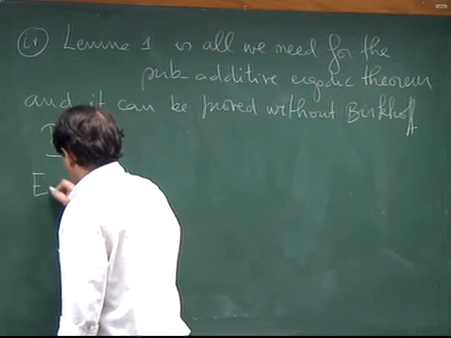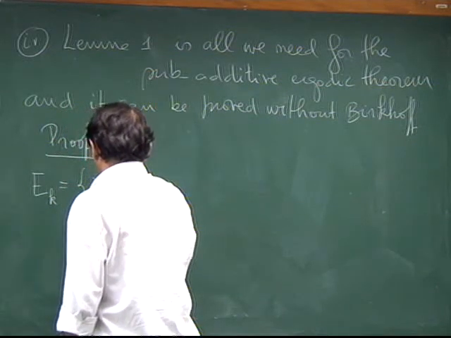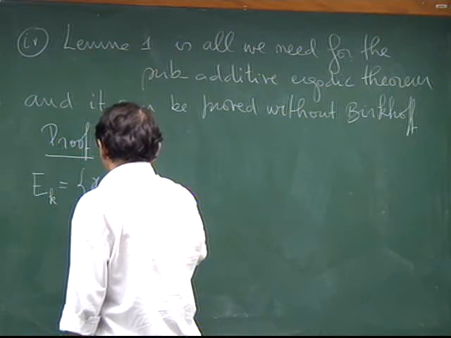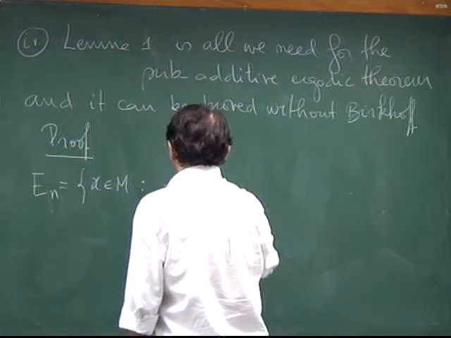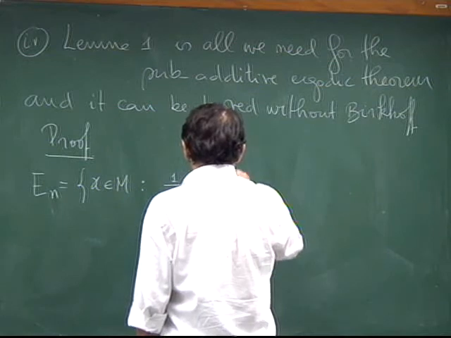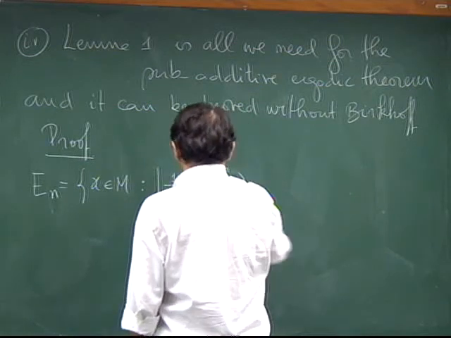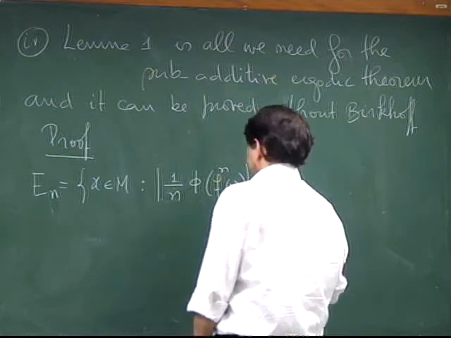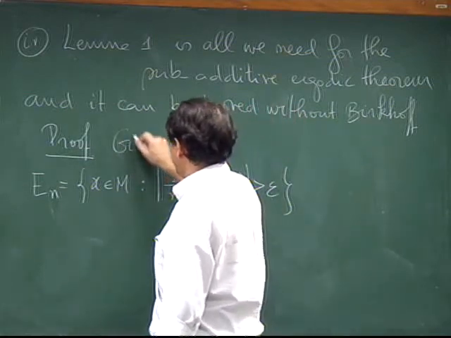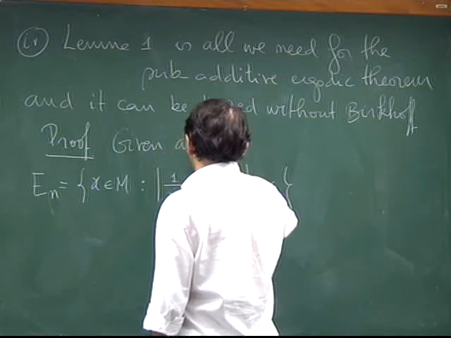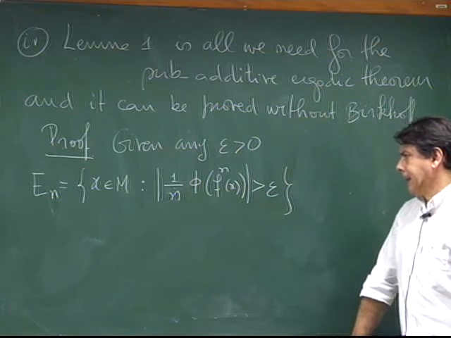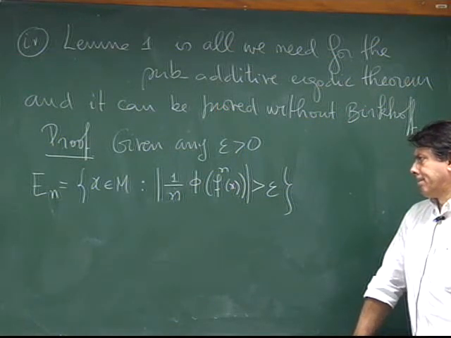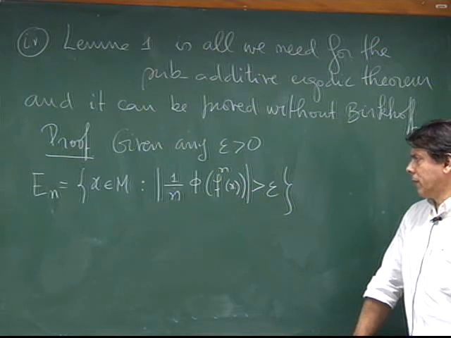So let E_n be the set of points x such that 1 over n phi f^n of x is bigger than epsilon, given any epsilon. Consider the set of points where the sequence at time n is bigger than epsilon.